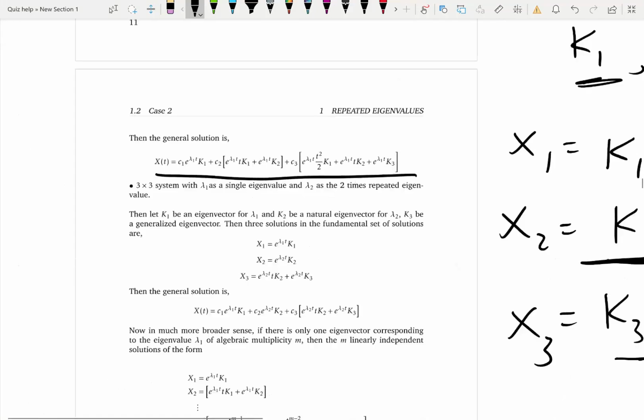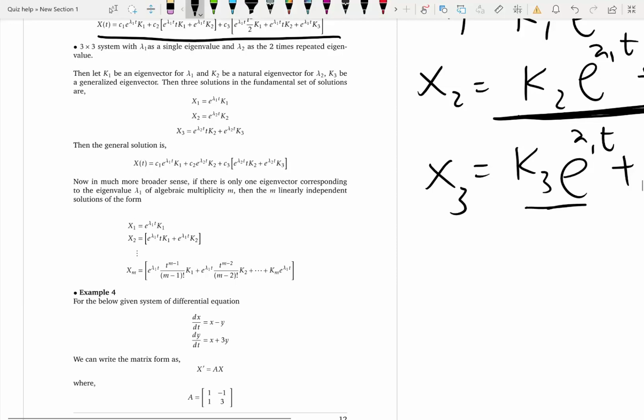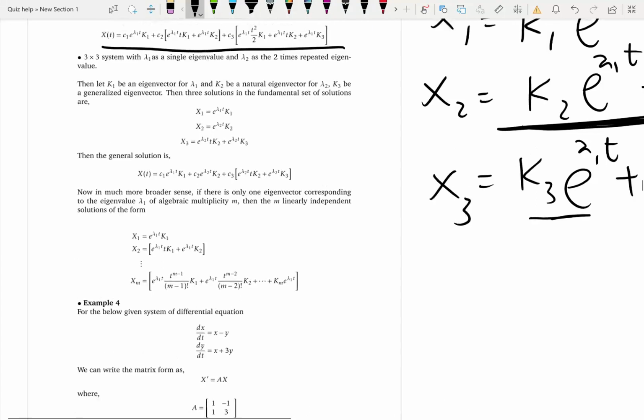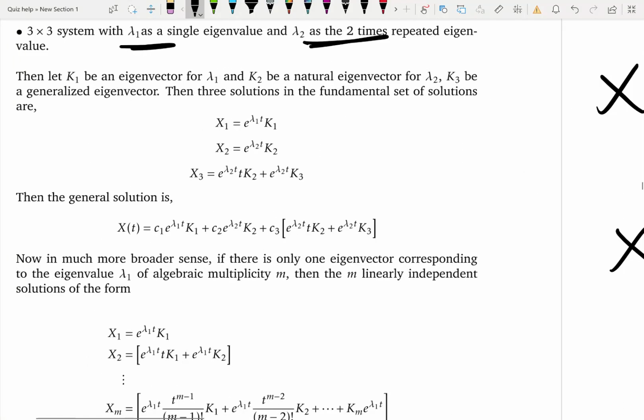All right. Next thing is, what do I do if I have a 3 by 3 system where lambda 1 is a single eigenvalue and lambda 2 is repeated? So lambda 1 is non-repeated. The first solution is x1 = e^(lambda 1 t) k1.